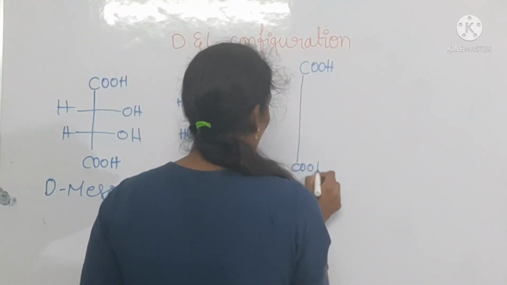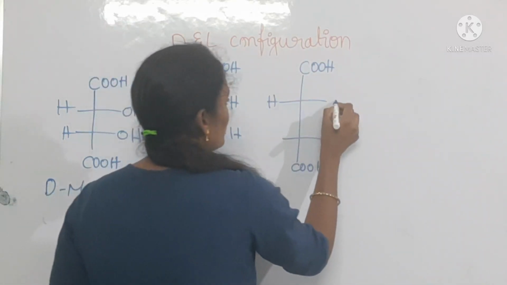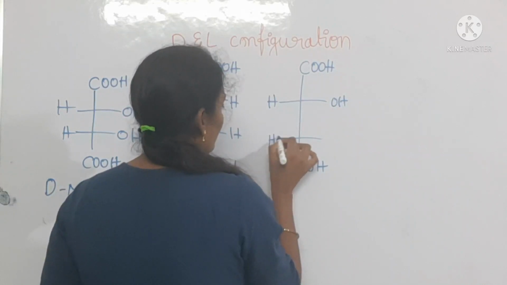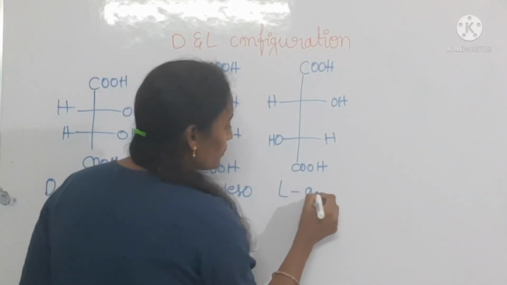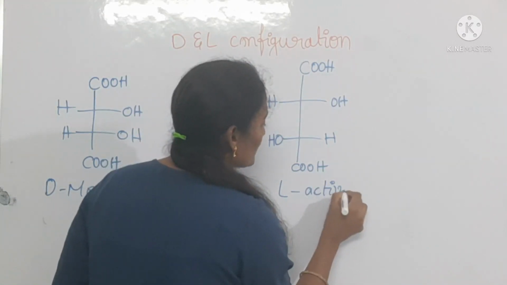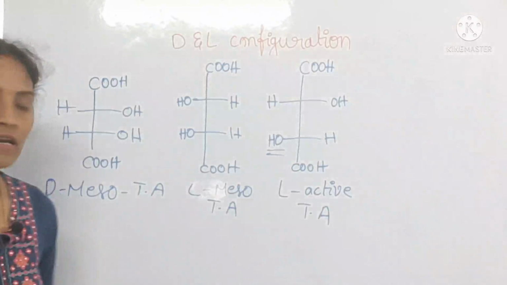Okay, now you can go to the enantiomers of this tartaric acid. Which configuration will those come under? Just try to observe here. See, this is the L-active tartaric acid because OH is on the left side.